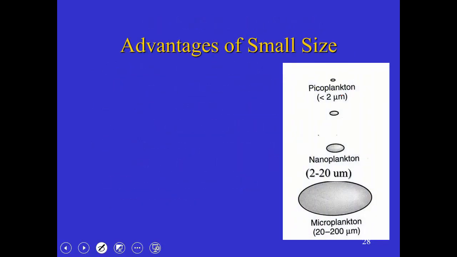So why do the small organisms do well in the summer when nutrient concentrations are really low, and all year round, basically, in oligotrophic environments? I hope you know that word already. Oligotrophic means low nutrients, in the open ocean.